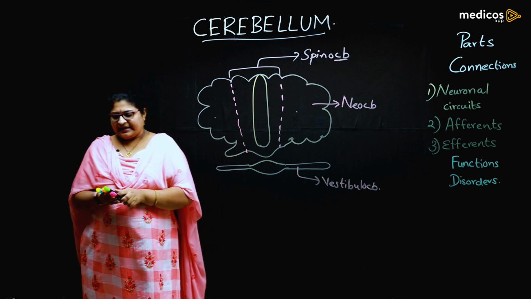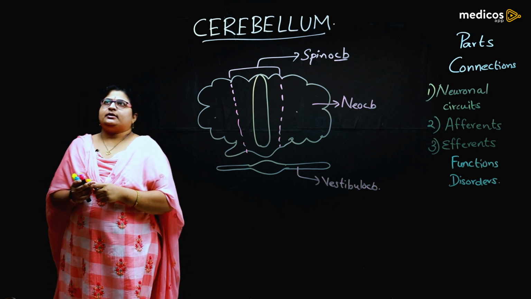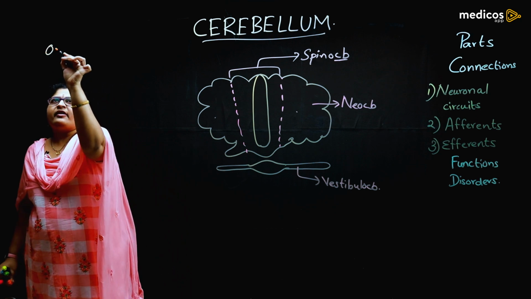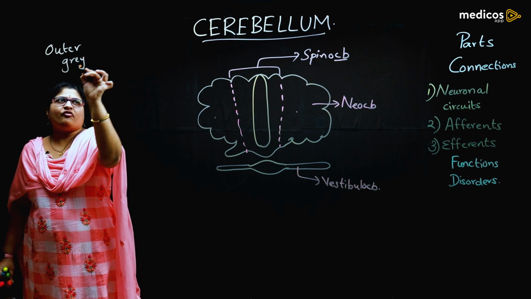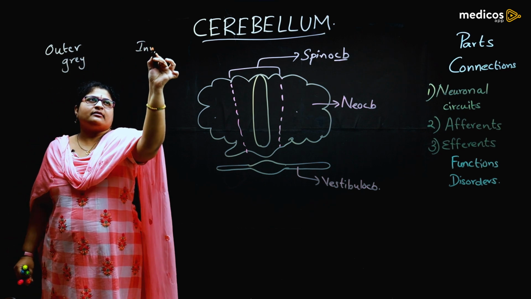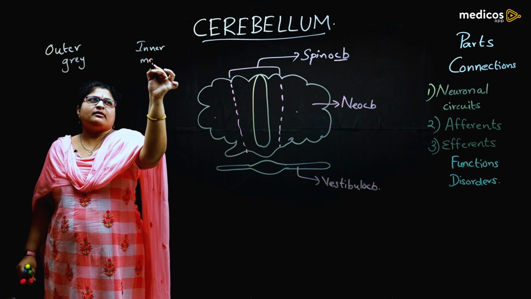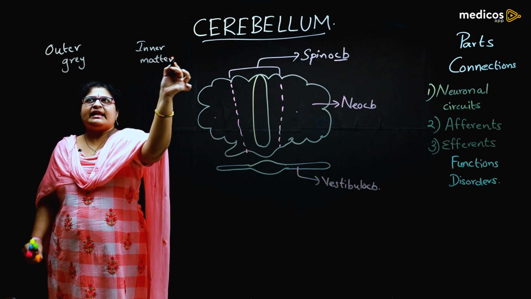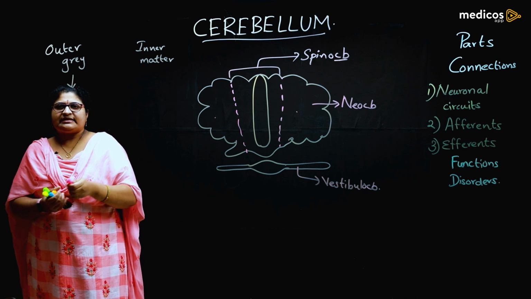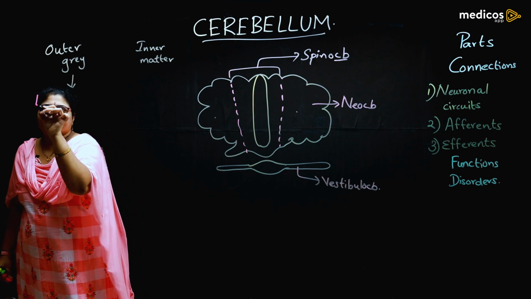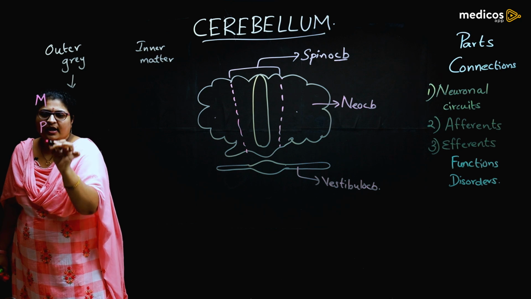And cerebellum, it has outer grey matter and inner white matter. So there are three layers present in this outer grey matter. So what are these three layers? First one is the molecular layer.